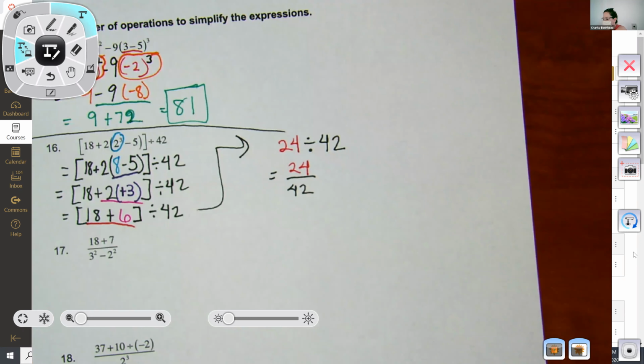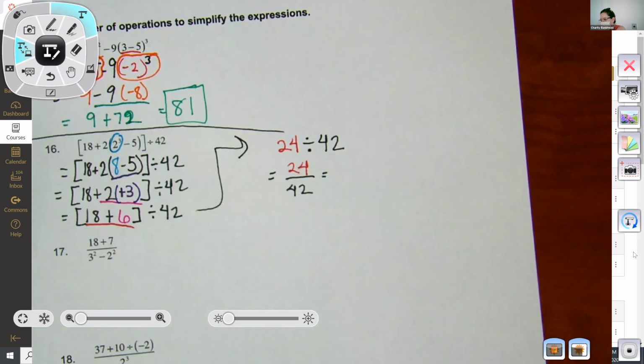So here's another place where we can use our divisibility rules. What's the greatest common factor of those two? I know they're both even, so I could divide both of them by 2, but I could also divide by 3. I can't divide by 4.